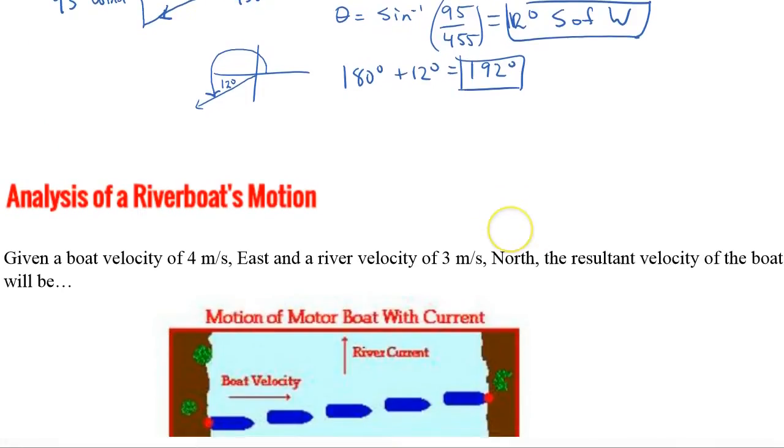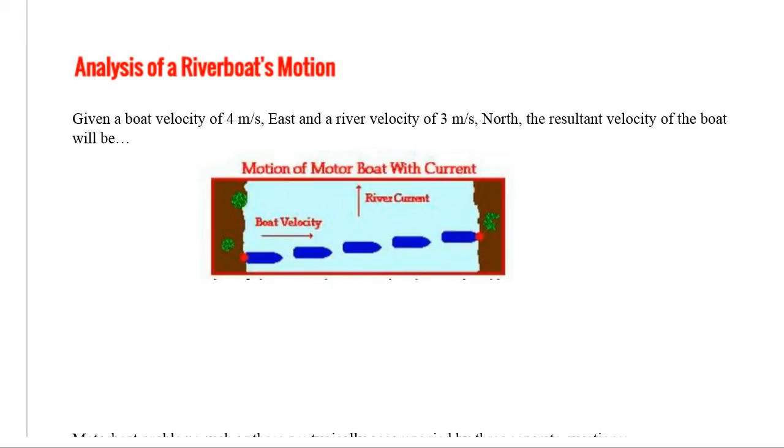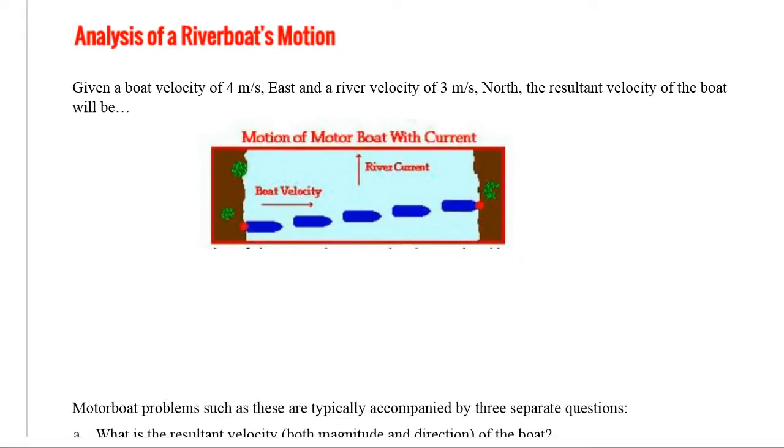Okay, so we're going to turn over to analysis of riverboat motion, which is actually quite similar. Here's a diagram that I stole once again from physicsclassroom.com, and it's the motion of a motorboat with current. This light blue area is the water, the river, and the river is moving towards the north, and the boat is heading straight to the east.